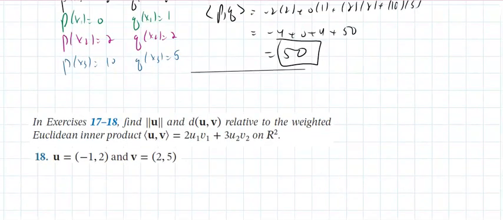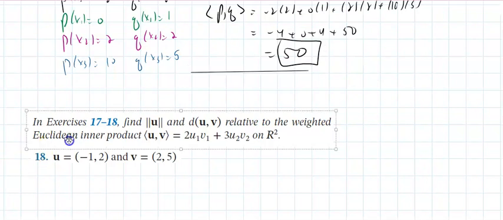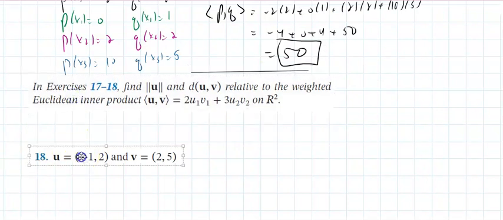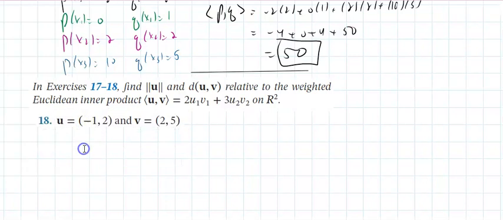A lot of adjustments to make. That's okay. All right. And what do you think they're asking? I went back to these weighted vectors again. Not a problem. They want us to find the magnitude of U. Well, the magnitude of U is simply the square root of the inner product of U with itself, right?